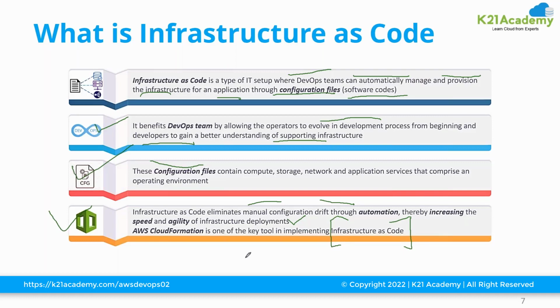This is the service which will help you achieve infrastructure as code. There are several services like Terraform outside AWS, and you can use that if you want to. It is not that AWS will not integrate with it, it can be integrated, but it's always recommended, and more beneficial, to use CloudFormation, because you're going to get a lot of benefits from using CloudFormation for your applications running on AWS.